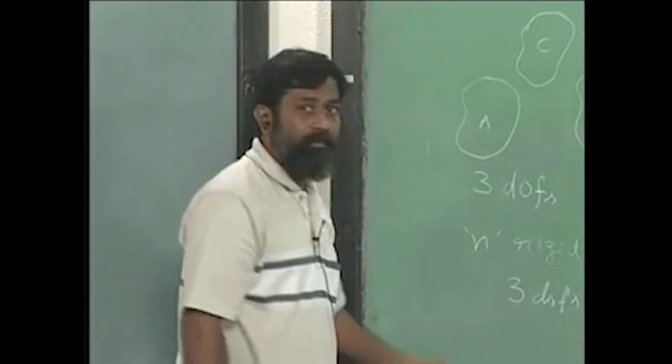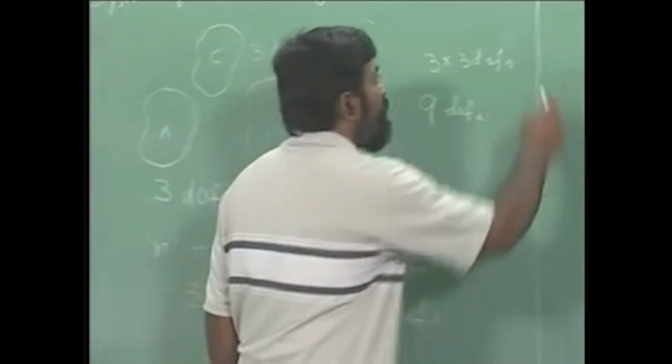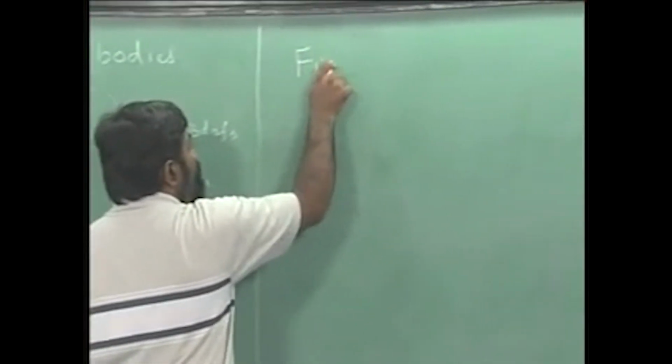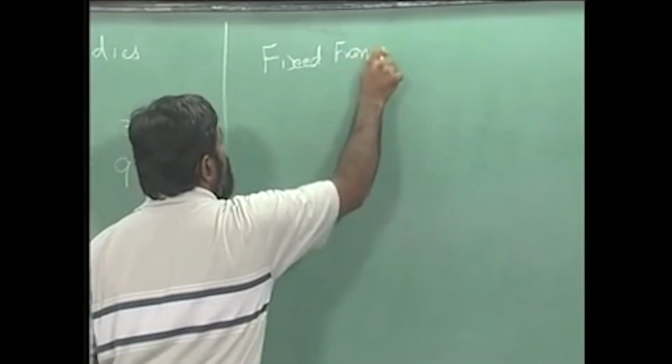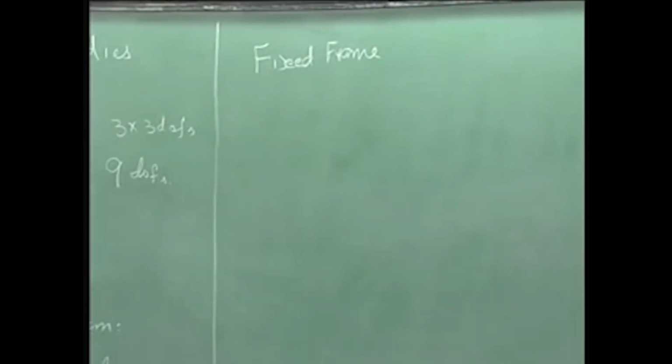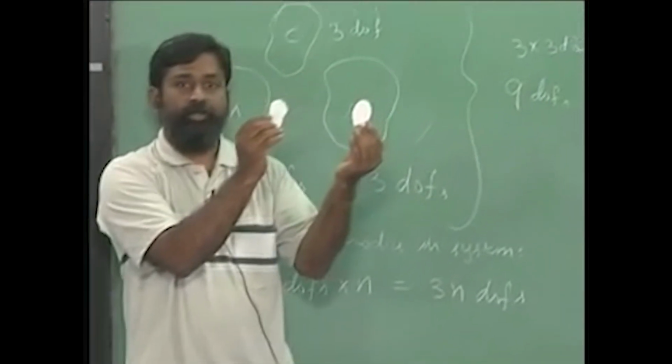Okay. Please remember, if I have to define degrees of freedom here, I have to introduce what is called a fixed frame. In order to illustrate that, let us say I have these two rigid bodies.